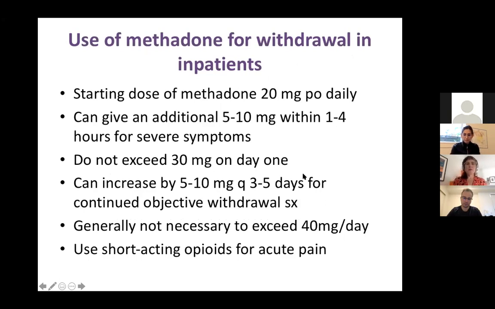So in my mind, the standard dose of methadone for treatment of opioid withdrawal in inpatients is starting with 20 milligrams PO daily, going back within a couple of hours to assess for folks' symptoms and giving an additional 5 or 10 milligrams of methadone within that time, but generally not giving more than 30 on day one.